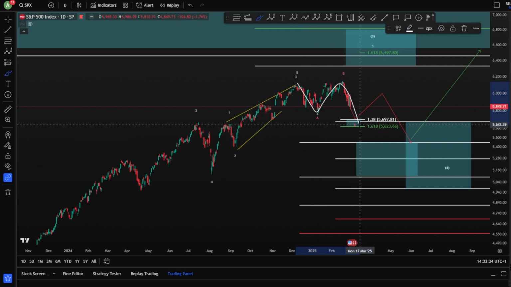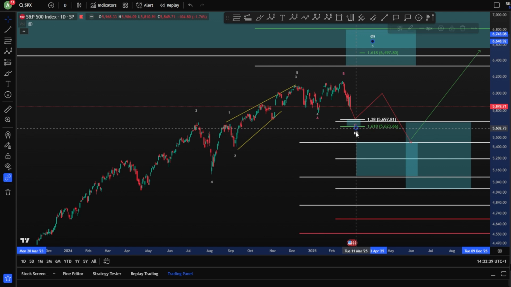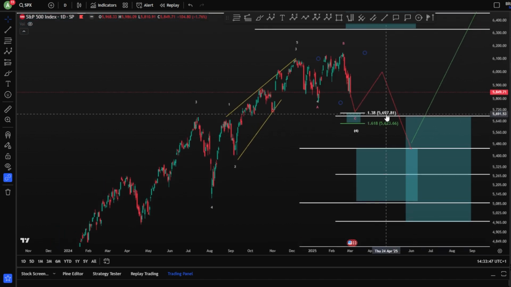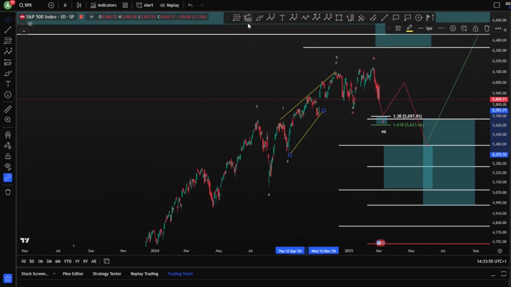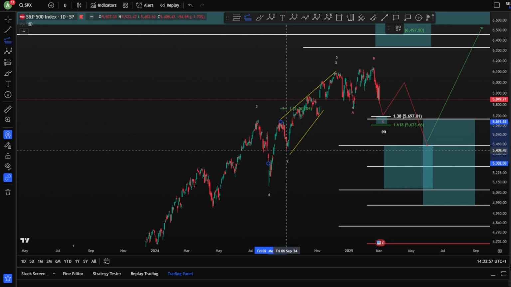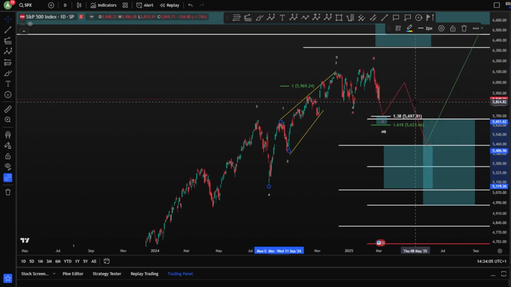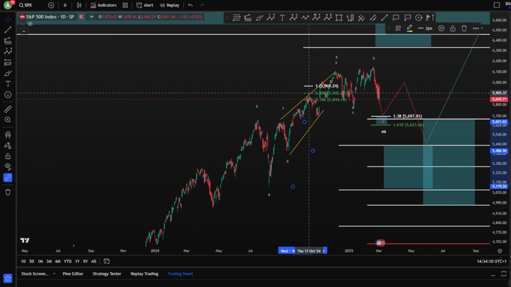And we're looking at this expanding flat as a correction, guys, for a wave 4 here. So potentially a wave 4 might hit around this area, 1.38, 1.618, 5,623, and 5,697. These are the potentials that we are looking at, and knowing that as a diagonal here, you have hit perfectly the targets for a wave 3 taken from this area as a wave 3 in a diagonal, you have hit perfectly between the diagonal here.